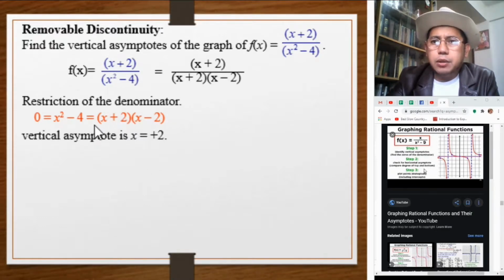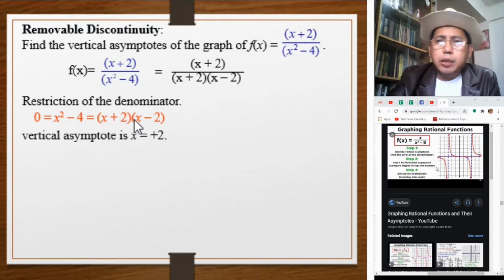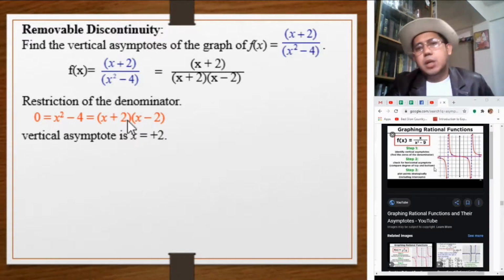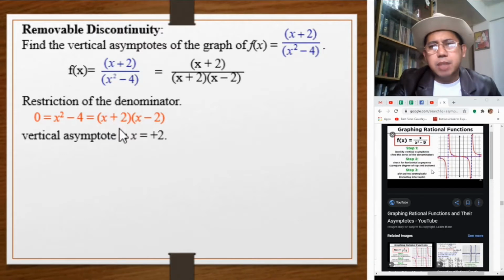So x plus 2 equal to 0 gives me negative 2, and x minus 2 equal to 0 gives me positive 2 as the value of x. These values of x, positive and negative 2, are considered to be the restrictions of the rational function. But the vertical asymptote is only at positive 2.